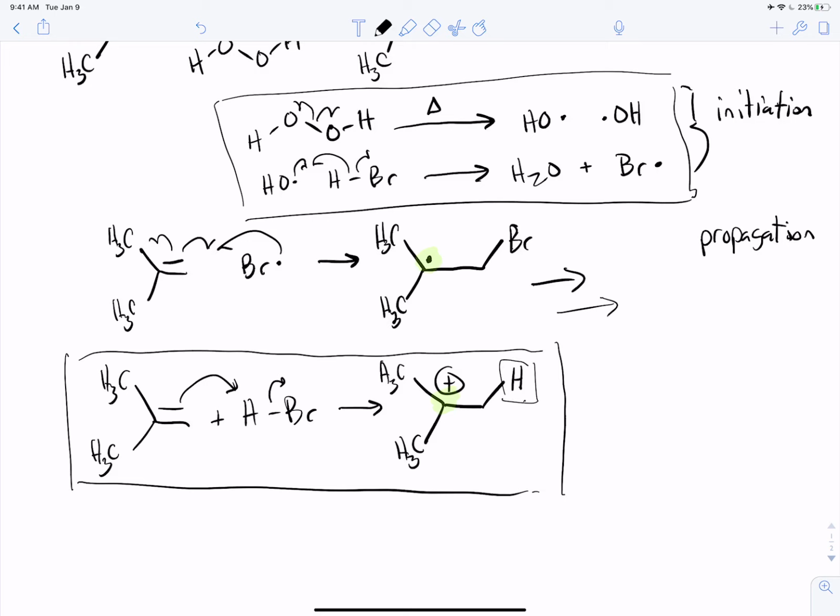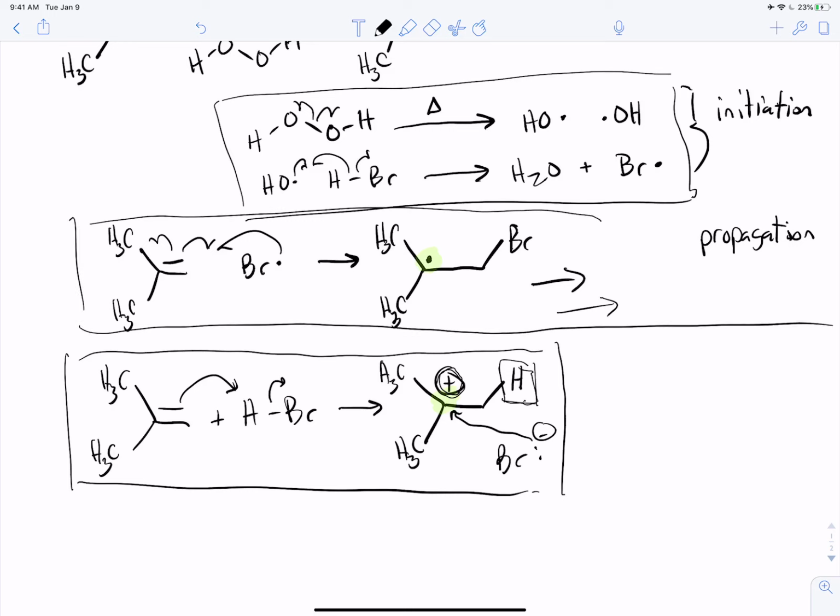So when you form the carbocation, it goes on the most stable carbon, but because your hydrogen is the first thing to react, ultimately bromide gets to come in and substitute at that carbocation. If you look up here at the top, though, at the beginning of the propagation steps for the radical one, the first step is you form a bond to the Br.